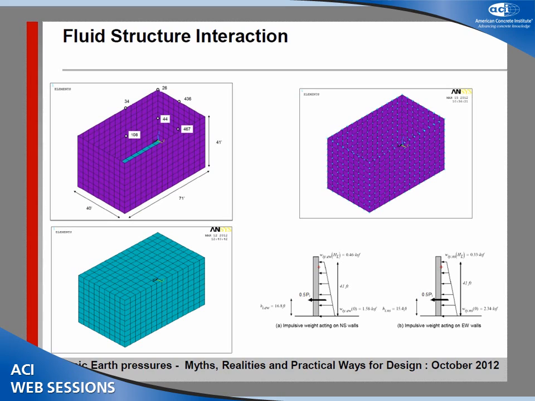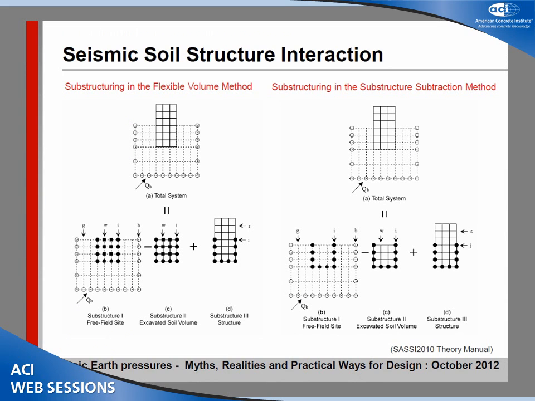Based on, let's say, ACI 350, we could calculate what lumped masses to use. In terms of the soil-structure interaction, we normally use specialized software for doing this, typically a computer code called SASSI, and that software uses substructuring modeling techniques to account for the soil-structure interaction.